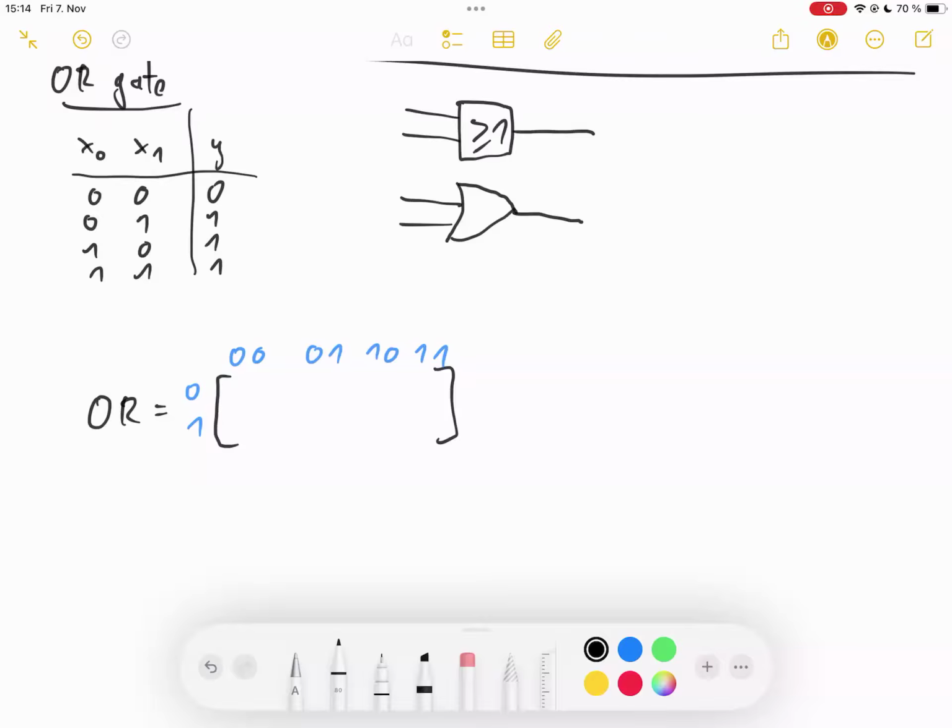And we got the right answers in the chat because only the 0, 0 would lead to a 0 and the others are all 1.